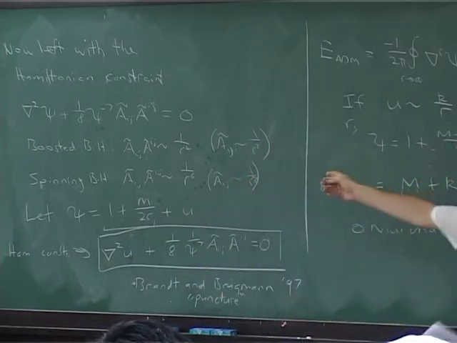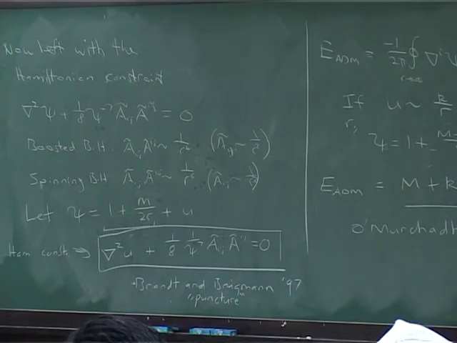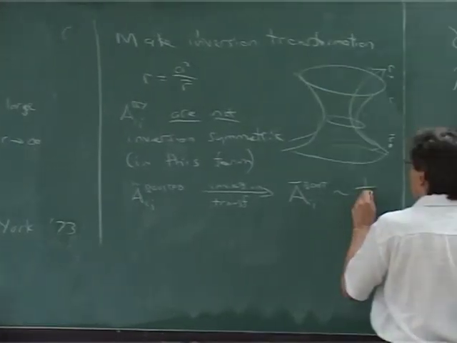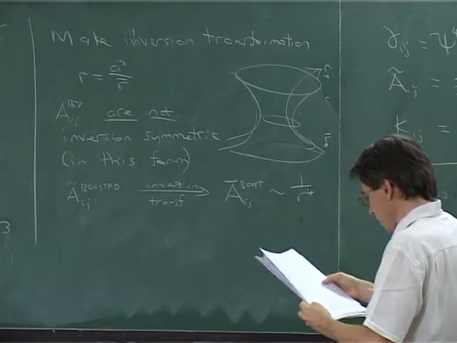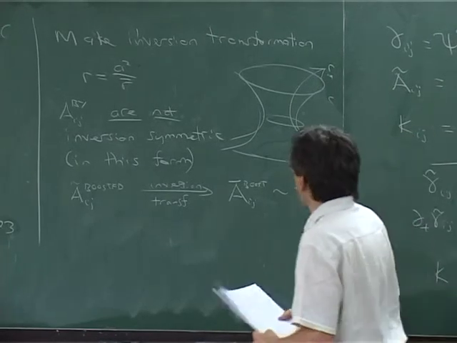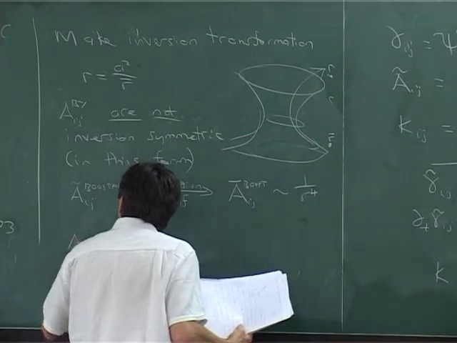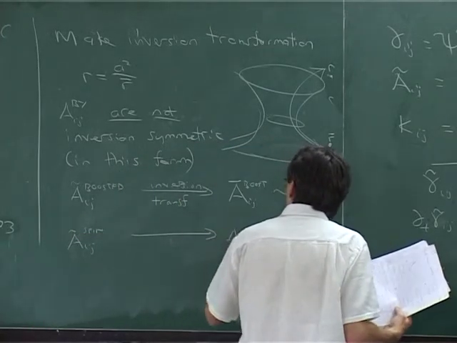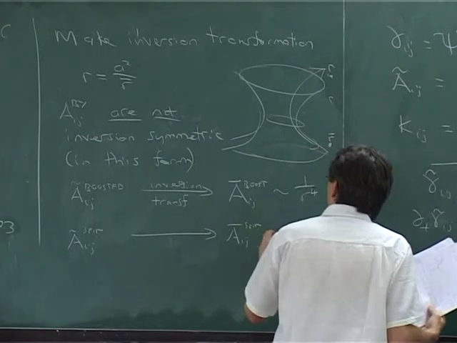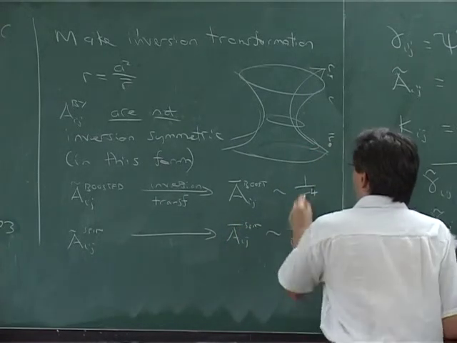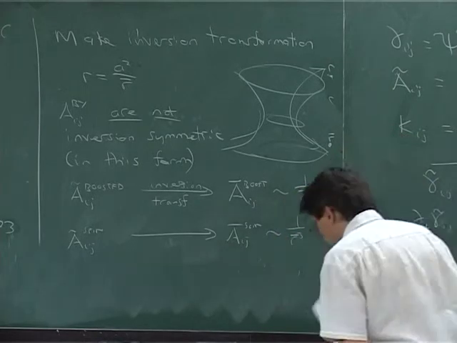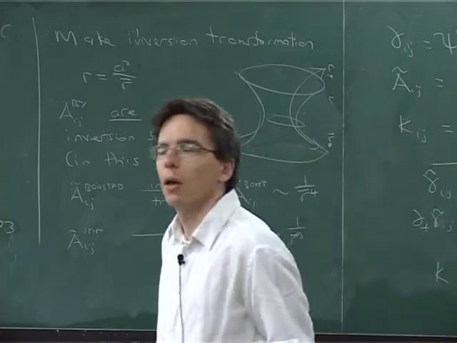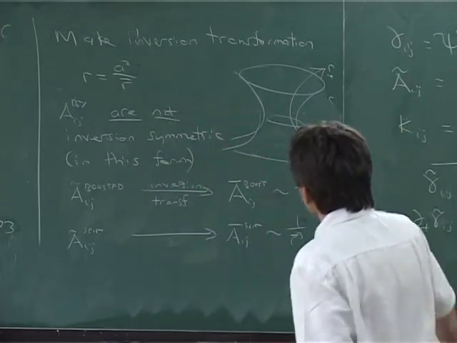So when you make the inversion transformation, the boosted one goes from being 1 over r squared to 1 over r to the 4. I should check this. The spinning one remains the same, 1 over r cubed.